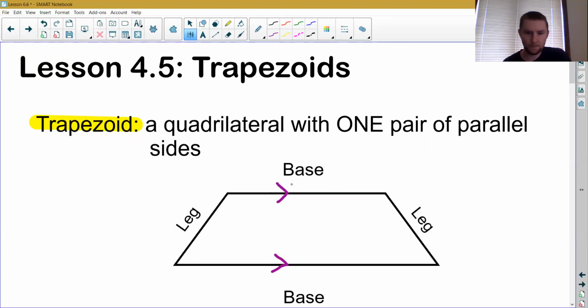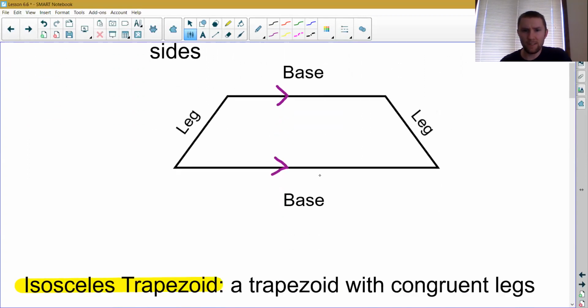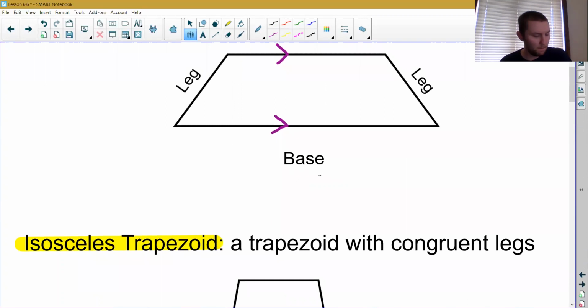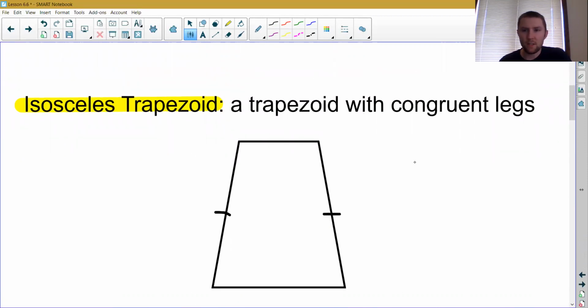Okay, and then one extra specific type of trapezoid, which may not come up a bunch in your homework, but is important to note. We can have isosceles trapezoids just like we have isosceles triangles, where we have two congruent sides. And specifically in an isosceles trapezoid, we're talking about the legs being congruent.